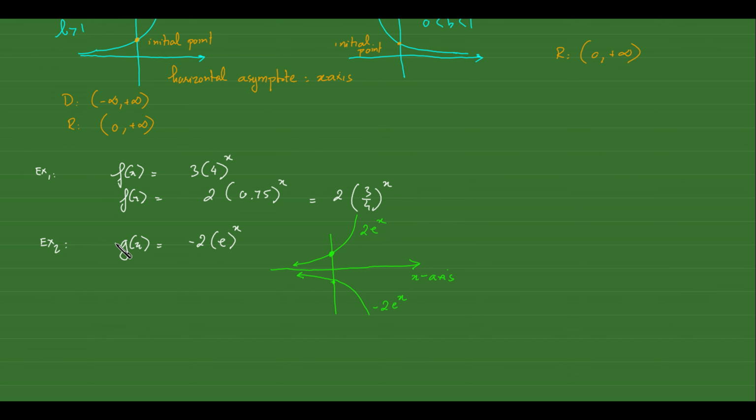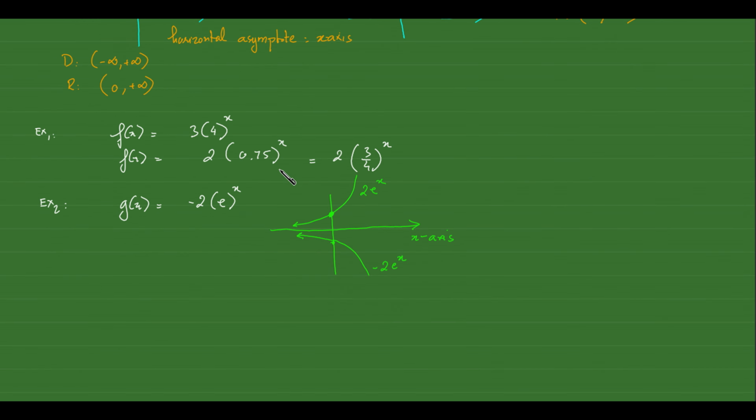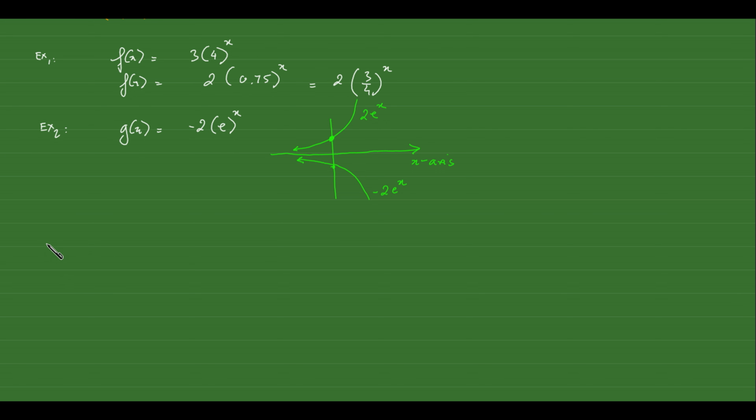Now let me give you something that has the transformation concept we can apply. Example 3. What if I have a function like this: f of x equal to 3 times 2 to the x minus 1, plus 4.